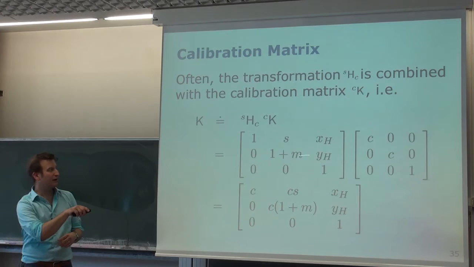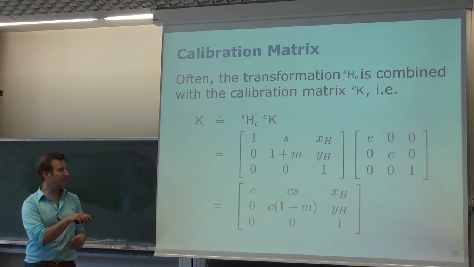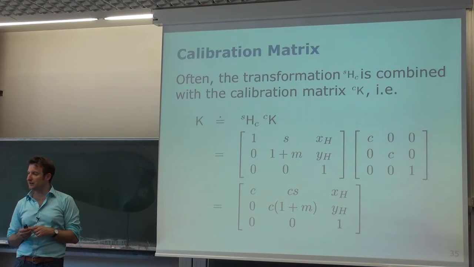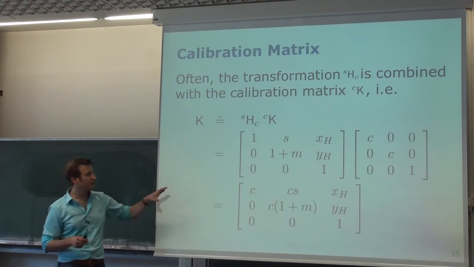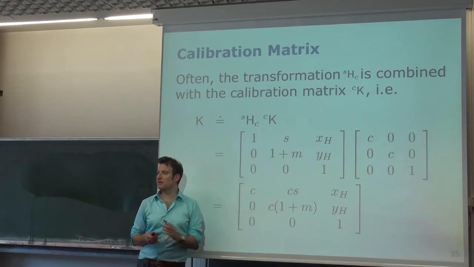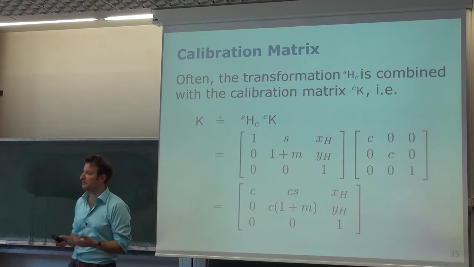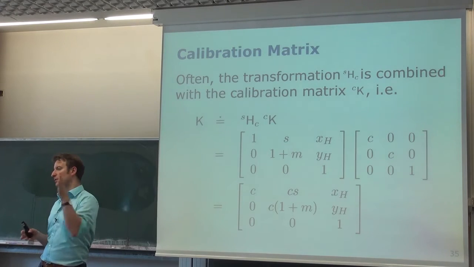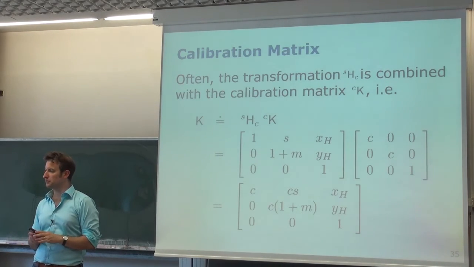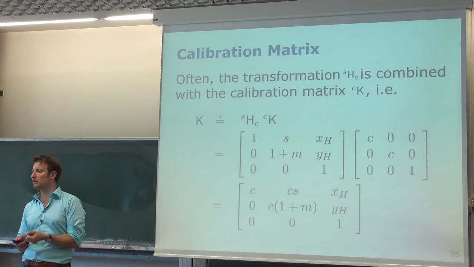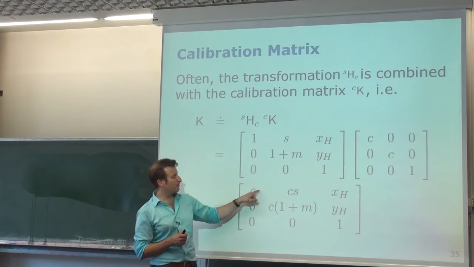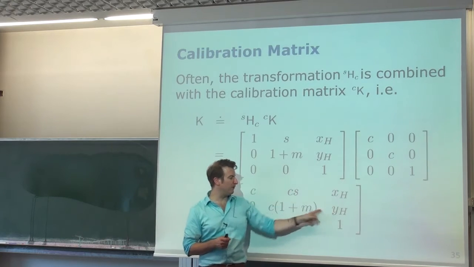Multiplying these two matrices, this is the result that I get, and this is the standard calibration matrix for the so-called affine camera. So a camera where the mapping from the image plane to the sensor is an affine transformation. This is a standard model for cameras having 5 parameters: 1, 2, 3, 4, and 5.